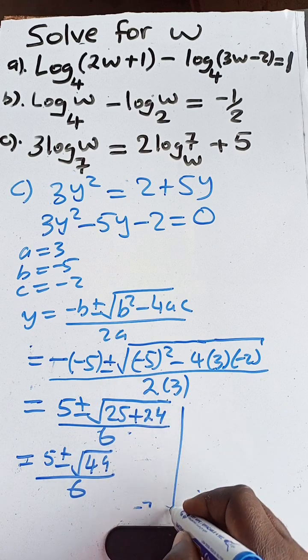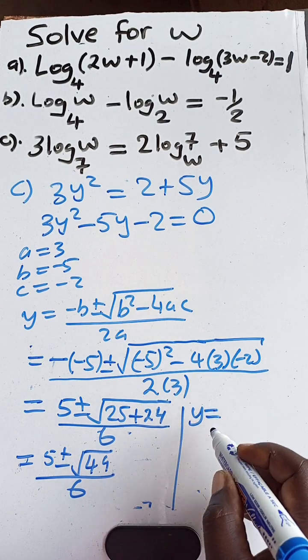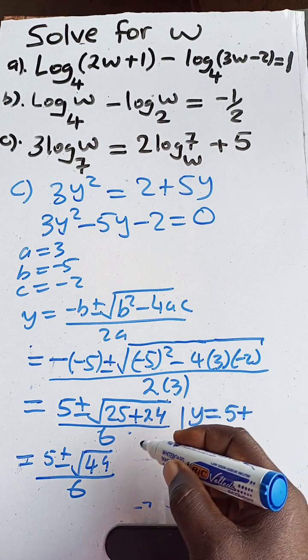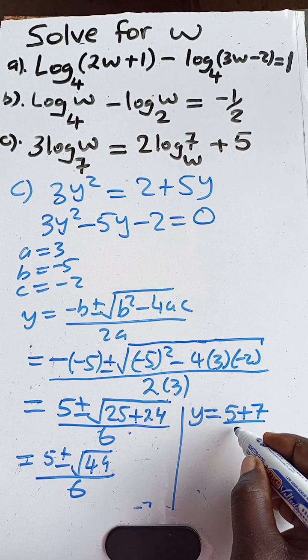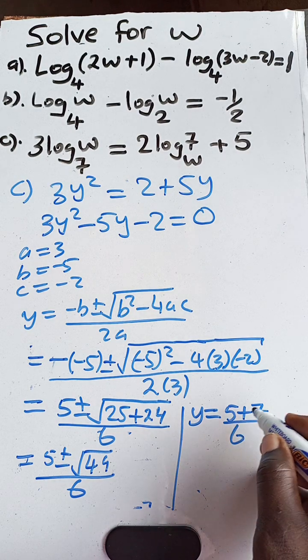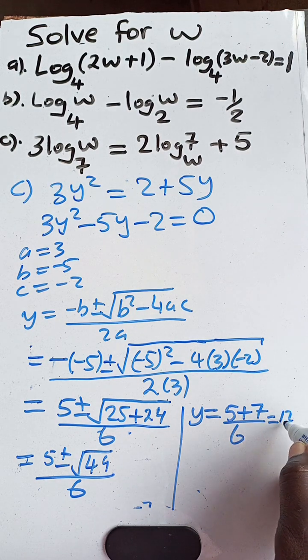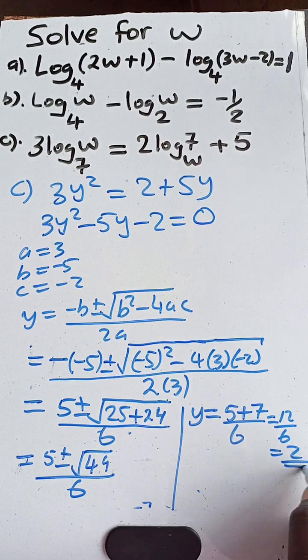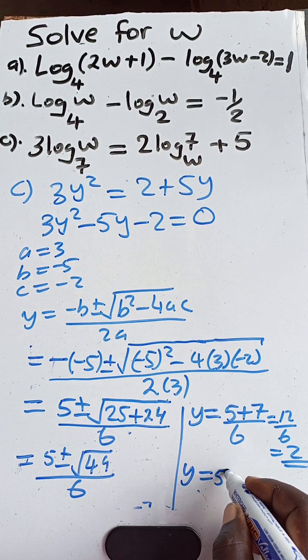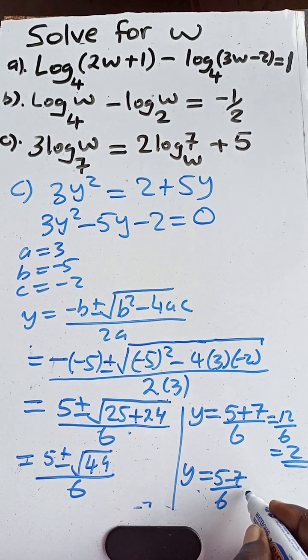All right? So this means Y is equal to 5, we take the plus, root 49 is 7, all over 6, which is 12 all over 6, which gives us 2. Or Y is equal to 5 minus 7 all over 6.